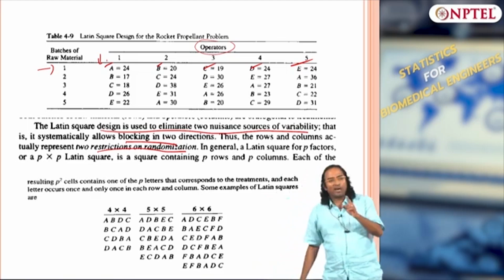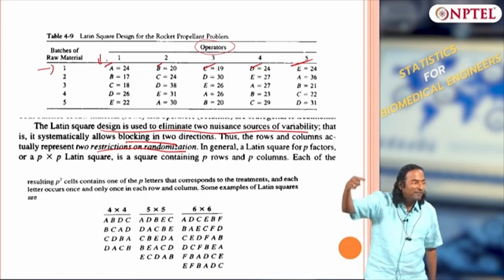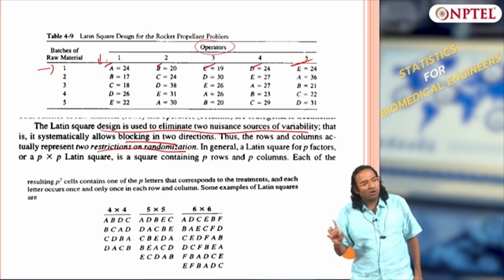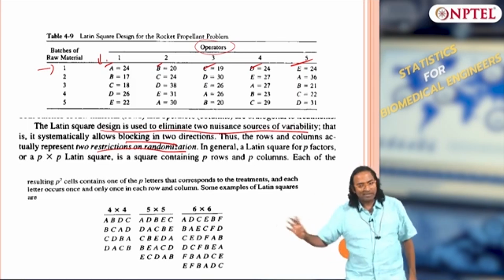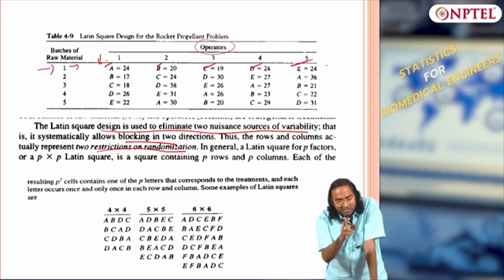If I do not have a square design, the treatment repetitions will be different in each row, and therefore you will not be able to block the nuisances. So if you look at the first row, it contains all treatment levels.